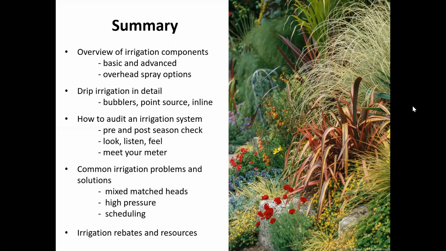You can also decide that you want to look at things on a bigger scale and know how much you're using in a day at your entire house, and maybe you want a flow meter on your house line, which is also going to show your irrigation.